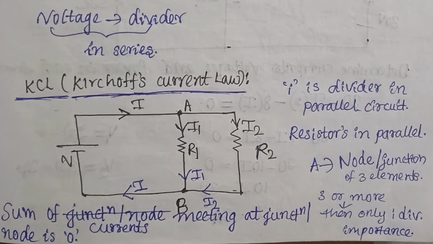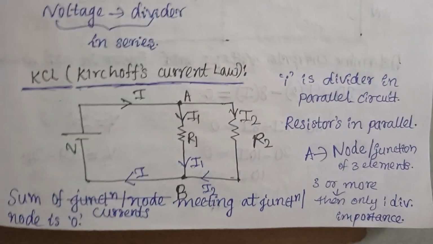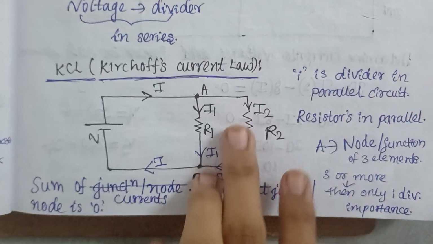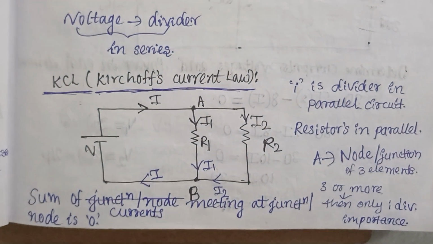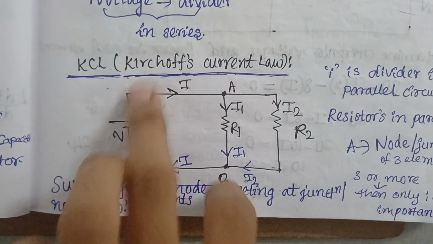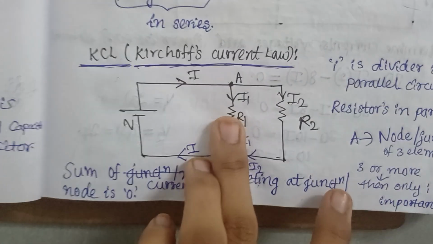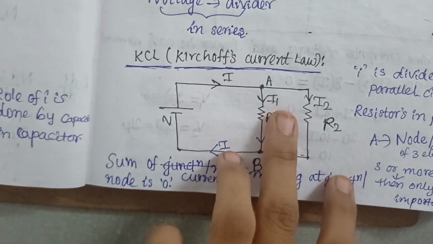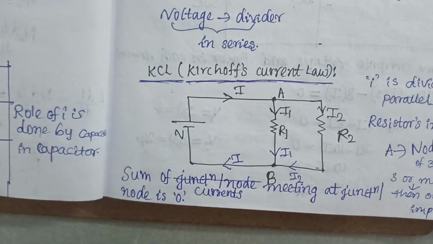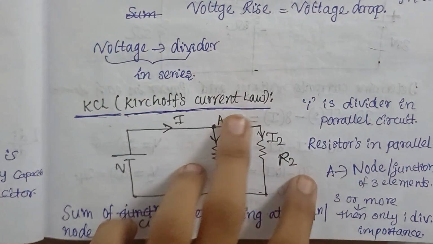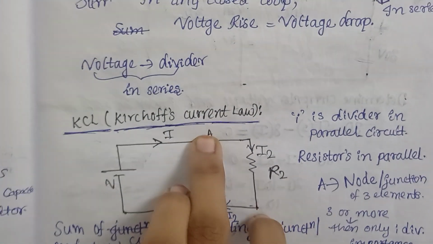A junction or node is nothing but whenever you have 3 or more elements involved, that will be considered as a junction. So to consider a junction or node in a circuit, at least 3 elements should be involved.